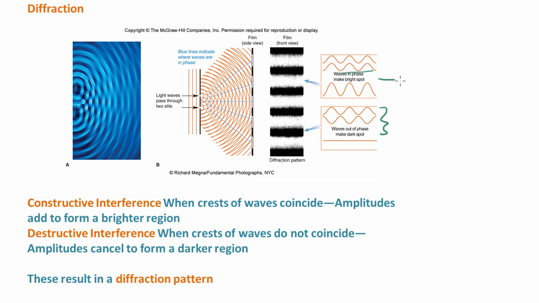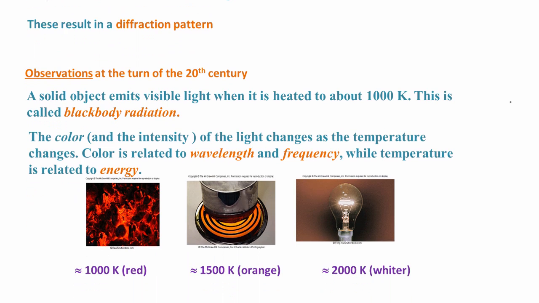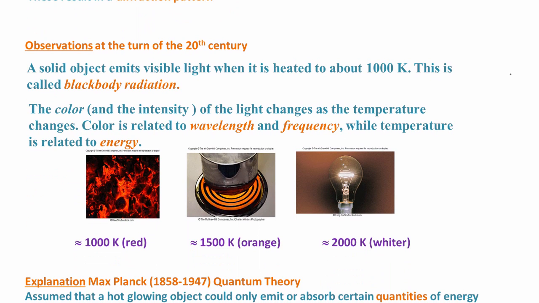This is constructive interference, the waves add, and this is destructive, the waves cancel one another out. So here the amplitudes will add to form the bright region, and here they will cancel to form the darker region. Again, the result is what we call a diffraction pattern.